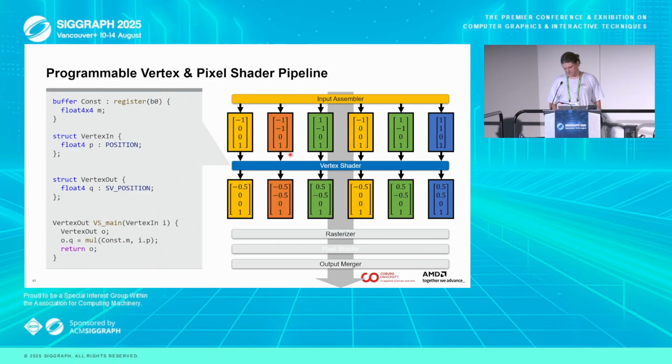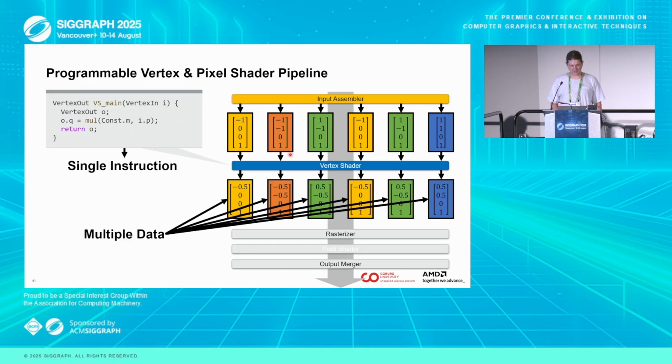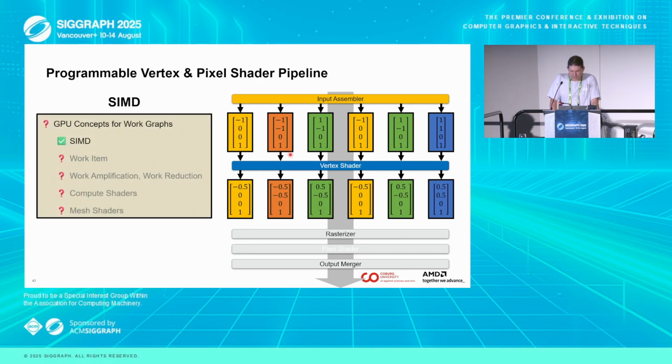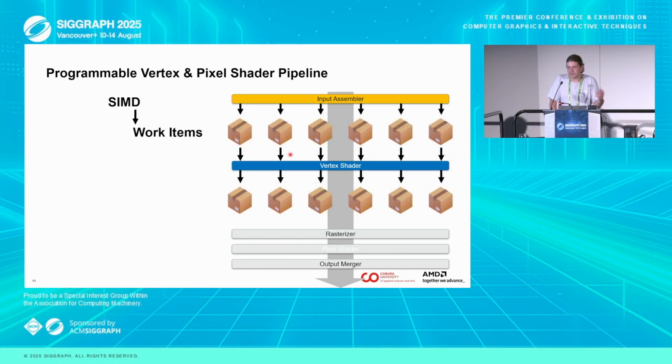So you have, and you should be familiar with this concept, the same instruction applied on multiple data items. And this goes by the name SIMD. And why is this already important for work graphs? Because we consider the SIMD concept, this D here, as a work item. So you consider every one of these vertices that you put in and output as a work item.